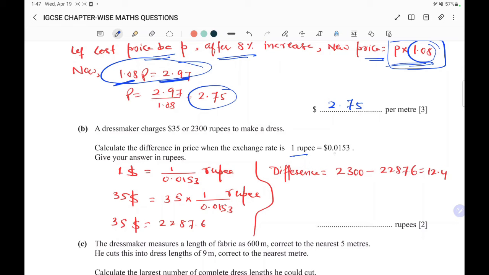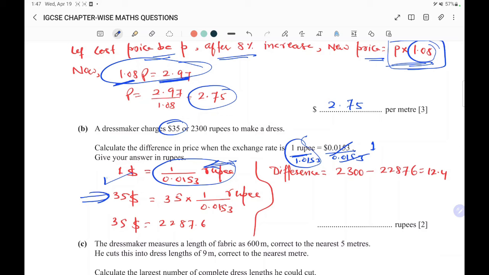If you divide both sides by 0.0153, this cancels and you get 1. It means $1 equals 1 over 0.0153 rupees. So $1 became this much rupees. Now how many dollars do we need to find? $35, so just multiply by 35. So $35 became 35 times 1 over 0.0153 rupees.